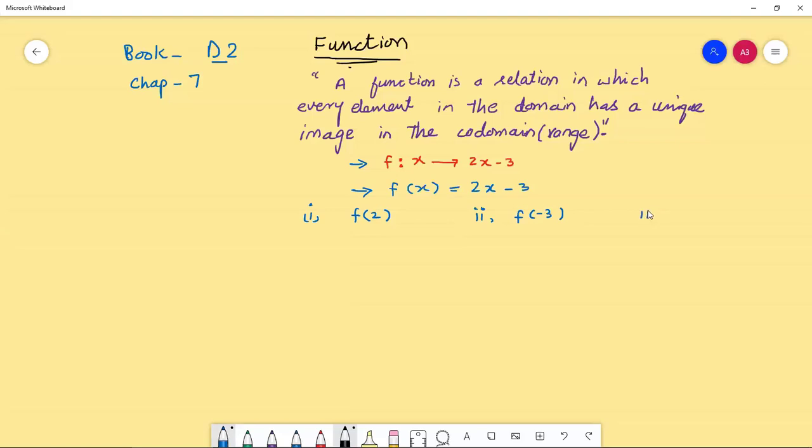The third part is you have to find 2 into f of 1. The fourth part is 3 into f of minus 1 plus f of minus 3.